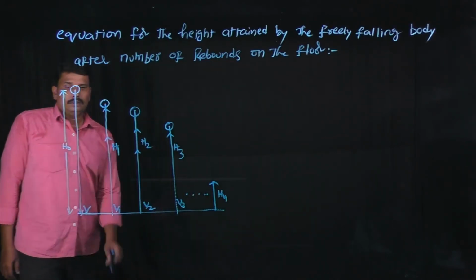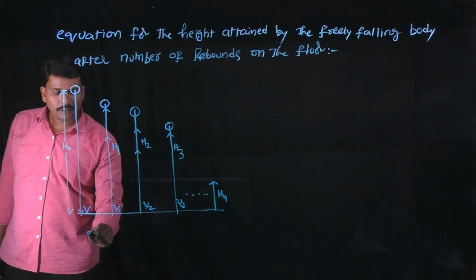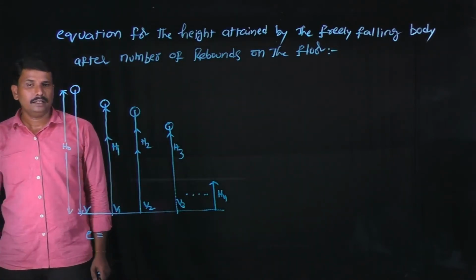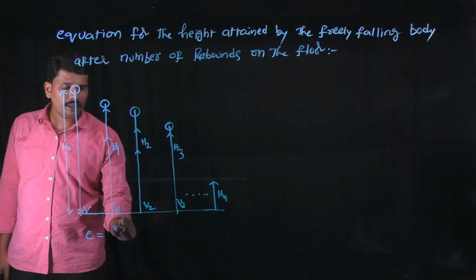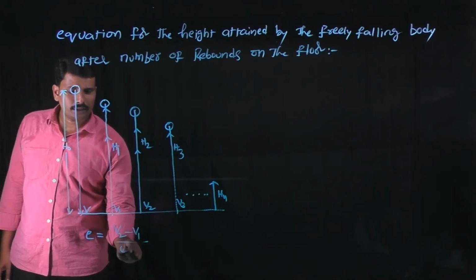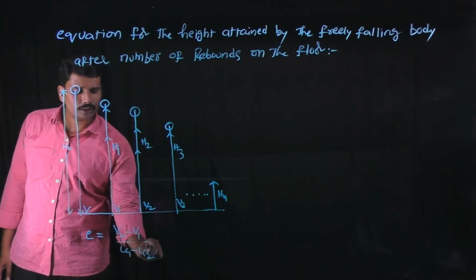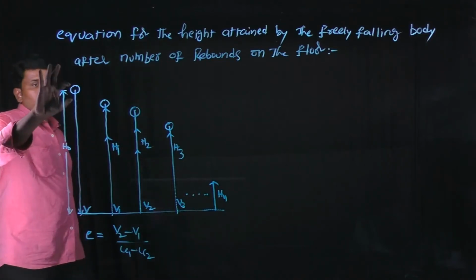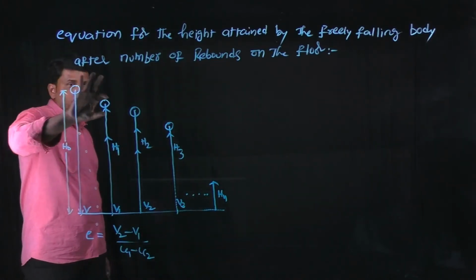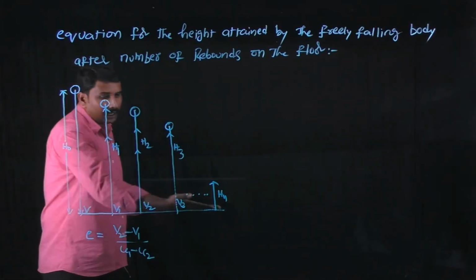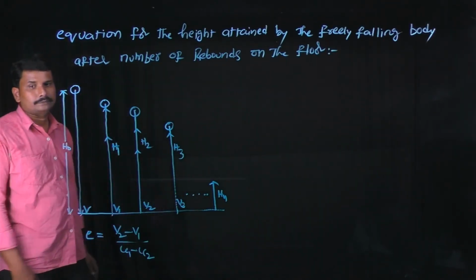The coefficient of restitution between two bodies is the ratio of the relative velocity of separation after collision to the relative velocity of approach before collision. Once again, the first object is this small sphere and the second object is this large heavy surface.